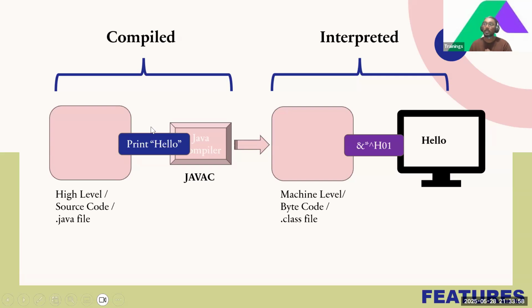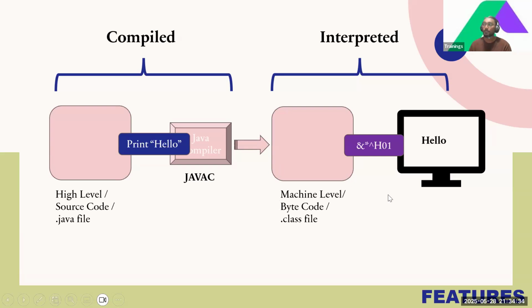The Java compiler will convert my language to machine understandable language, and if I give that to the machine, the machine will execute that code. The first part we call compiled and the second part we call interpreted. So this is one of the features of Java, where you have to compile your code and then execute your code. Interpreted means execution.